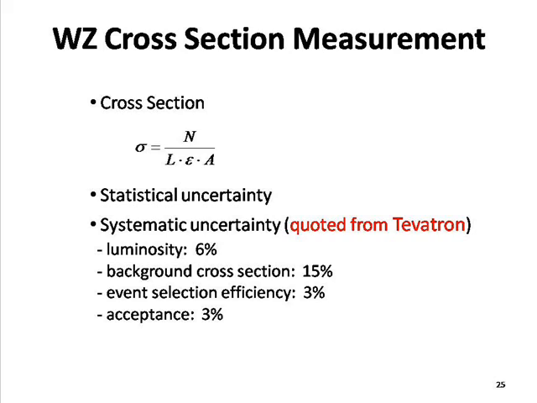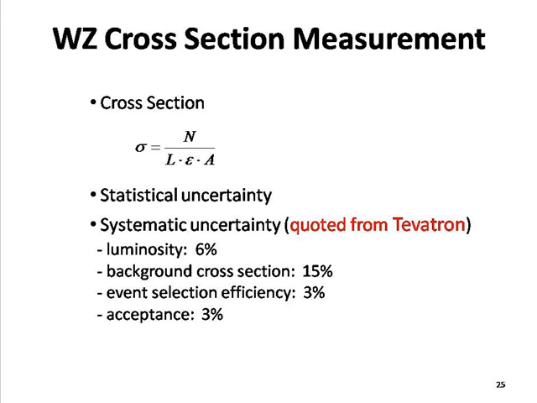Based on the straight cuts, we do the WZ cross-section measurement, and I also analyze the statistical and systematic uncertainties. Here, the systematic uncertainties I took from the Tevatron. I didn't analyze them because I don't have data. Normally the systematic error is calculated from real data.